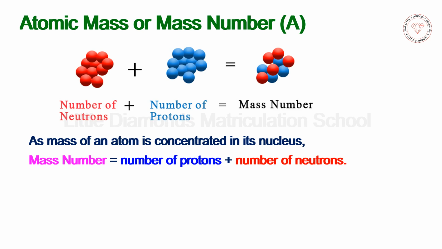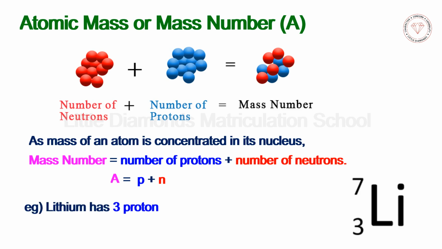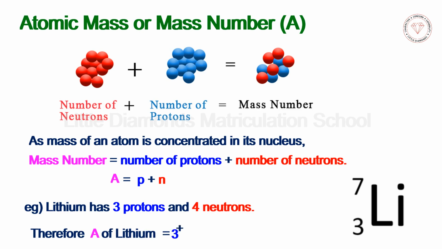The atomic mass or mass number is represented by the letter A. A is equal to P plus N. That is, atomic mass is equal to number of protons plus number of neutrons. Example, lithium has 3 protons and 4 neutrons. Therefore, atomic mass or mass number of lithium is equal to 3 plus 4, that is equal to 7.